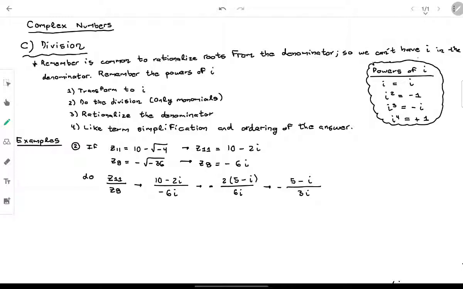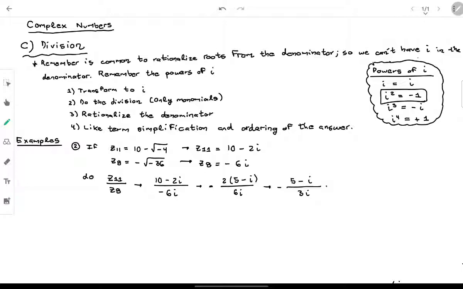What happens next in this case? Of course, maybe we can multiply by something in order to rationalize. So what do we need to do in this case? We need to get rid of the i on the denominator. What possibilities do we have? If we transform the i to i squared, it will become a minus 1. And of course, we will be able to eliminate the i.